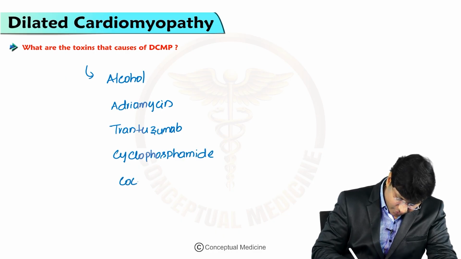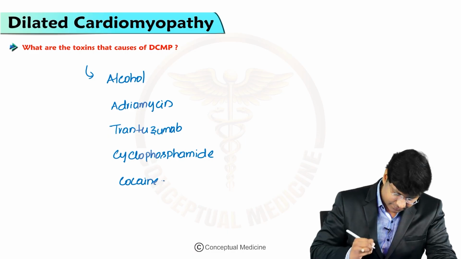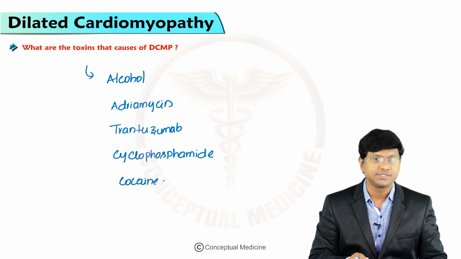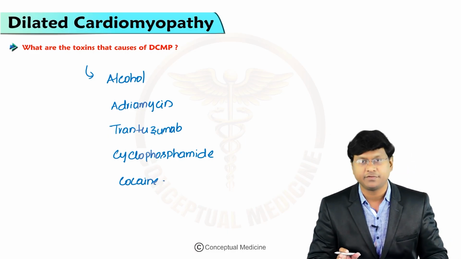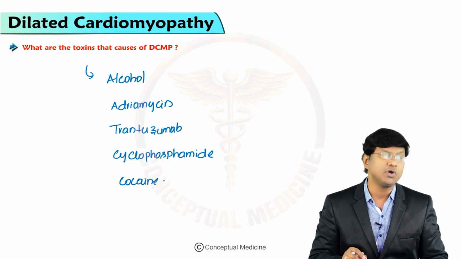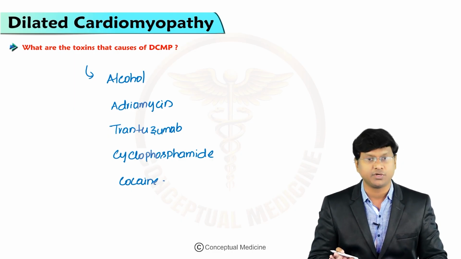And lastly we have cocaine. Okay, so these are the toxins responsible for the development of dilated cardiomyopathy. And among all these toxins, alcohol is the most common toxin.